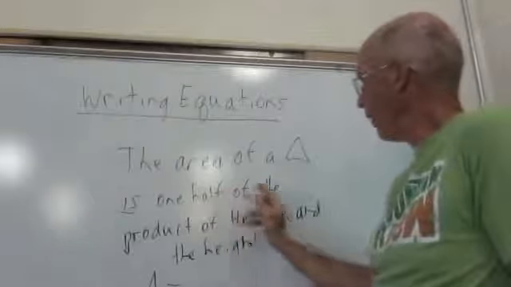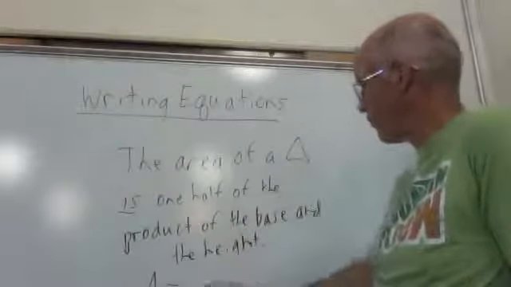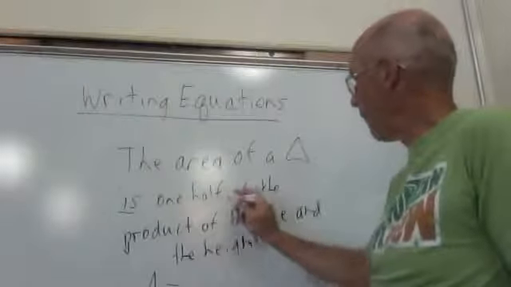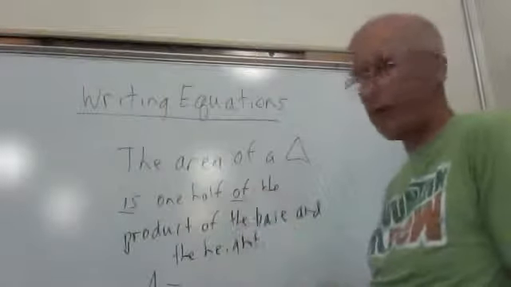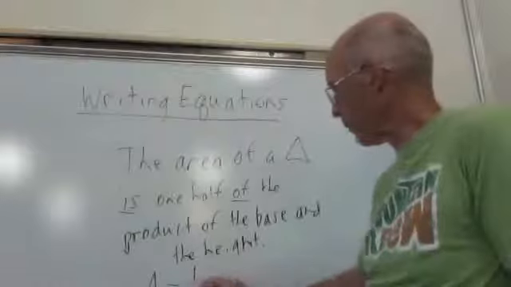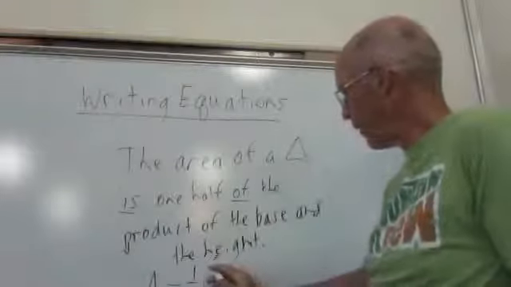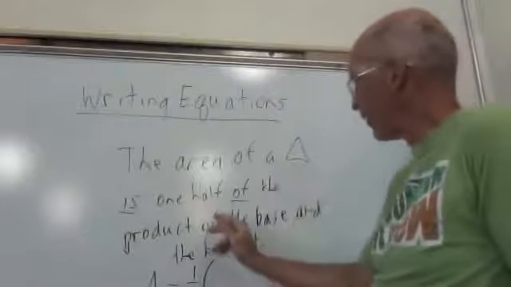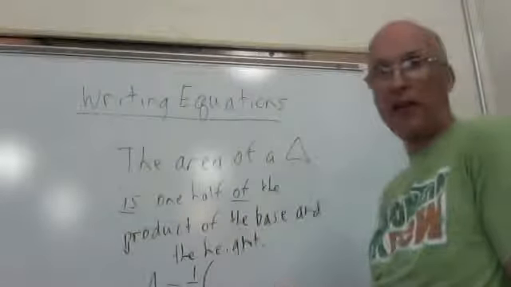1/2 of the product. Okay, so there's going to be something multiplied together, and it's 1/2 of. This word of means multiplied. So I'm going to have 1/2, and then of, that'll help me kind of separate it out. The product of, so again, another multiplication.